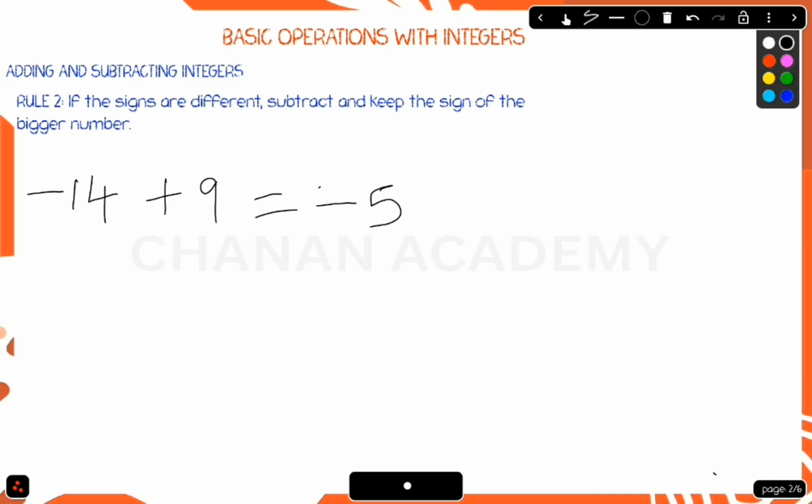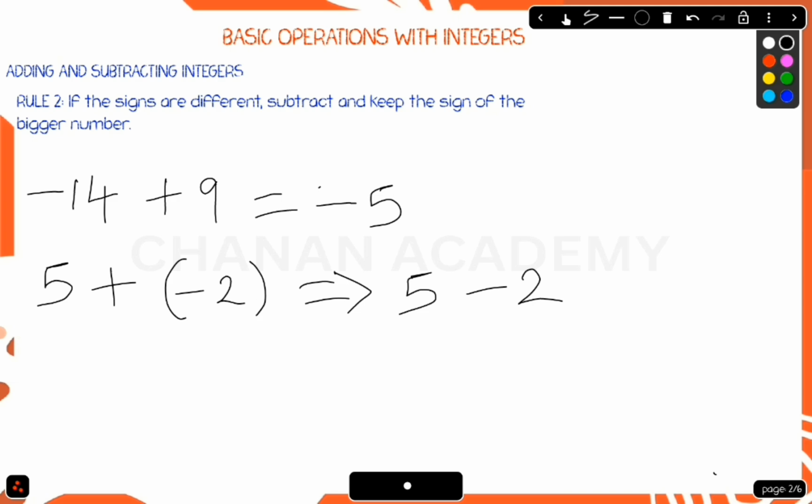Let's take another example. So we have 5 plus -2. So what's the result? This can also be written as 5 minus 2. But let's solve like this. 5 has a positive sign, and 2 has a negative sign.